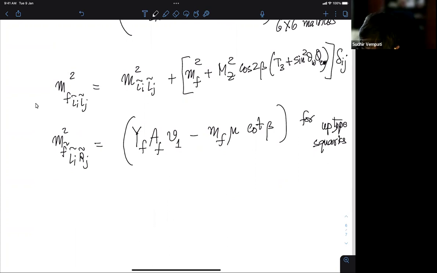Okay, if there are right-handed neutrinos, this term will make a difference for neutrinos. But since there is only up type squarks, this is it. For the neutrino mass matrix, there is no left-right mixing because there are no right-handed neutrinos.